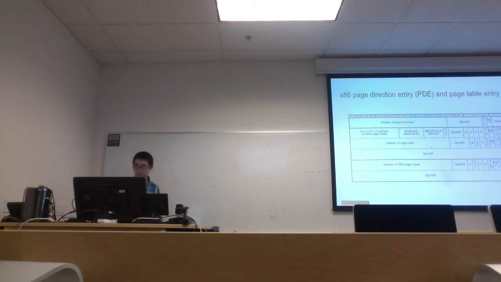And here are a few bits which are interesting. For example, if the last bit of a page table entry is 1, it means, okay, this page is inside memory. If it's 0, it means, no, I do not put this translation there.